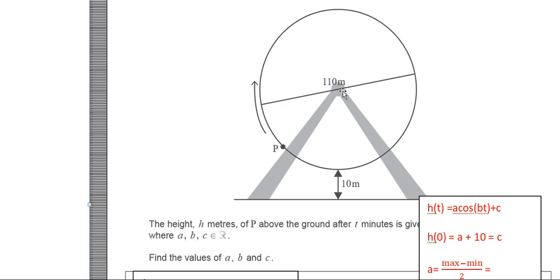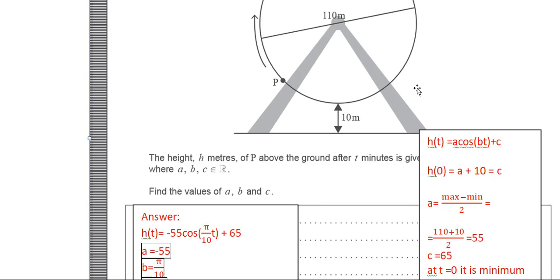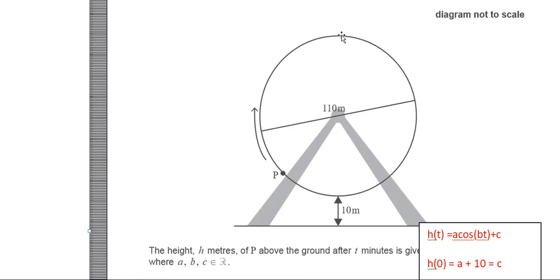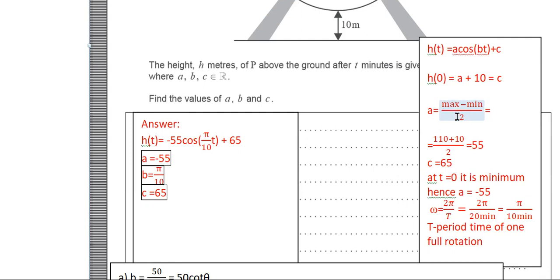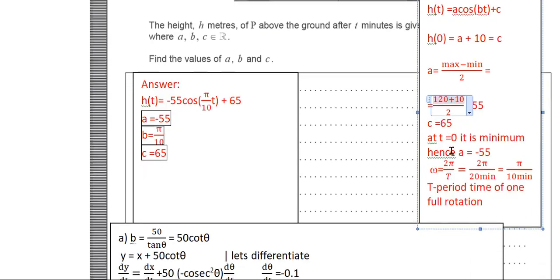Maximum is 100. Just a moment. Maximum is 120. I found a mistake. 120. Minimum is 10.